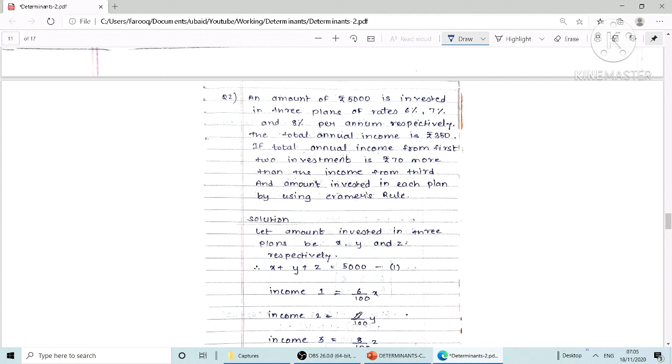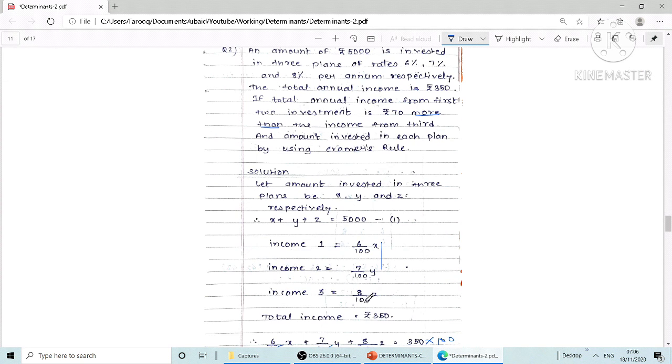Then more than the income from the third investment, so a plus sign will come: 70 plus the third investment, 8 upon 100 z.